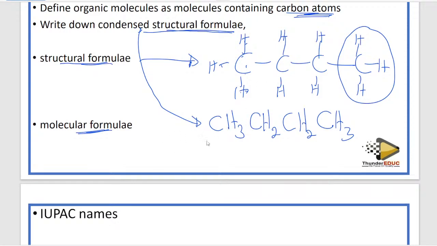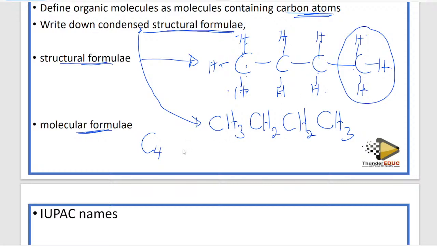When you talk about structure formula, you count how many hydrogens and how many carbons are in there. For example, 1, 2, 3, 4. So I have 4 carbons. And how many hydrogen do I have? 1, 2, 3, 4, 5, 6, 7, 8, 9, 10.